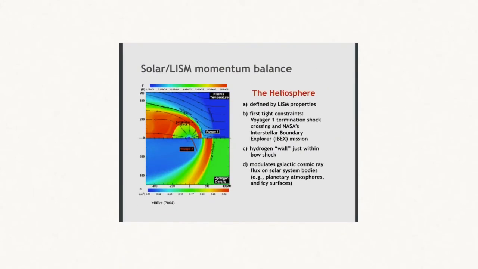Finally, just as with many other things, studying balance is important. There has to be a balance between our heliosphere and the local interstellar medium. The local interstellar medium essentially defines our heliosphere, and the Voyagers crossing the termination shock and the IBEX mission are making great leaps in our scientific knowledge of that.